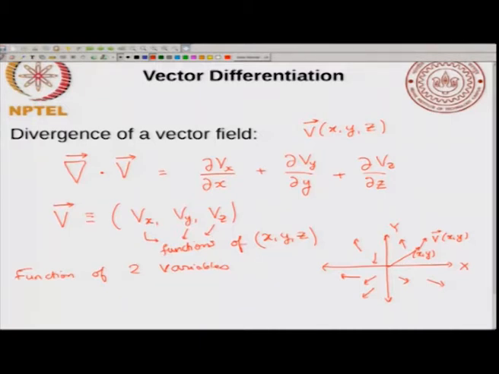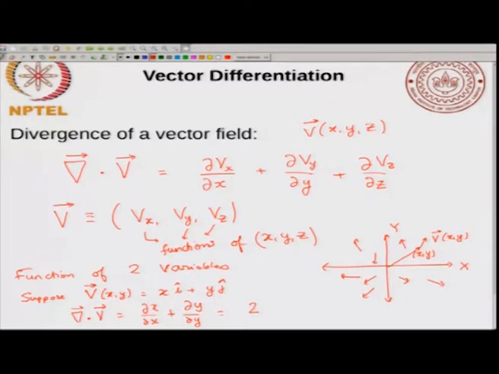So, suppose we had V of x y is equal to x i plus y j. Then you can immediately calculate the divergence of V, del dot V, which is ∂x/∂x plus ∂y/∂y, equal to 2. Okay. And the divergence is non-zero.